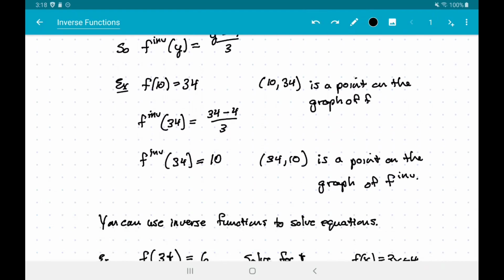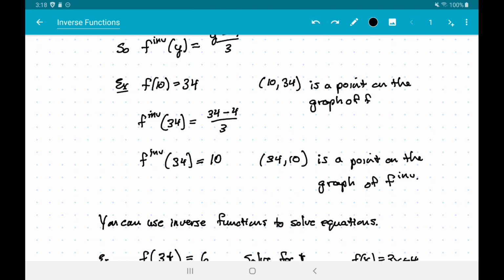And I pointed out that from this equation, we get the result that 10, 34 is a point on the graph of f, because when you plug 10 as an input into f, the output is 34. When you plug 34 into the inverse function, the output is 10, which means that 34, 10 is a point on the graph of f inverse.